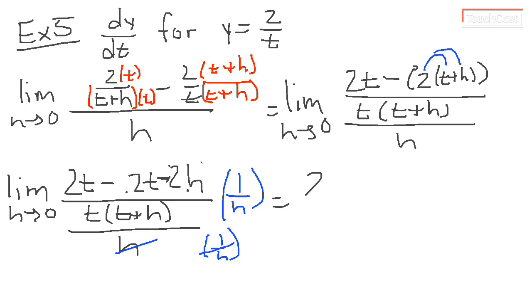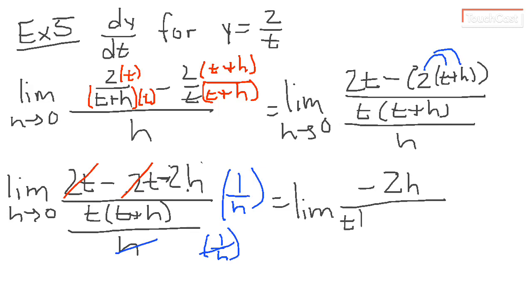In fact, we can even cancel out our 2t's. So in our numerator, what's going to happen is we're going to have the limit, and the numerator will be negative 2h over t times h times t plus h as h goes to 0.